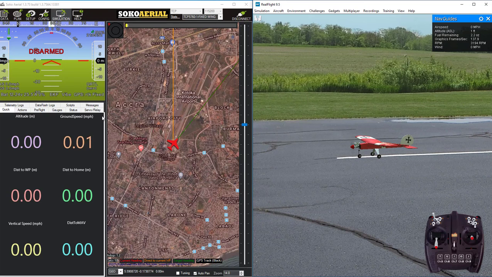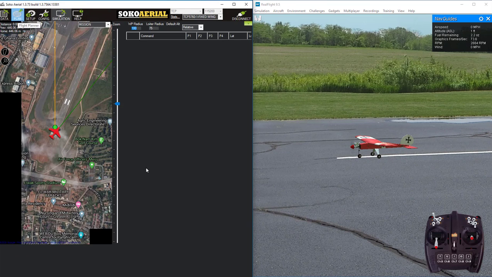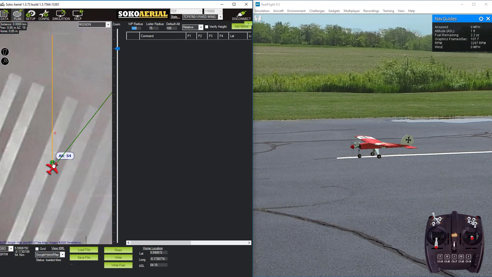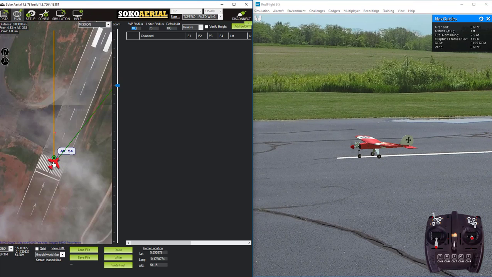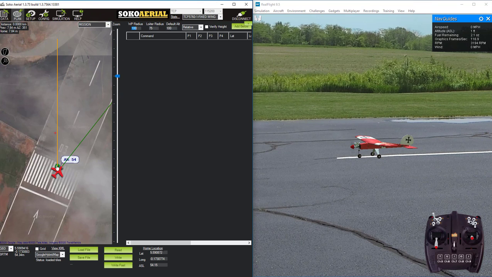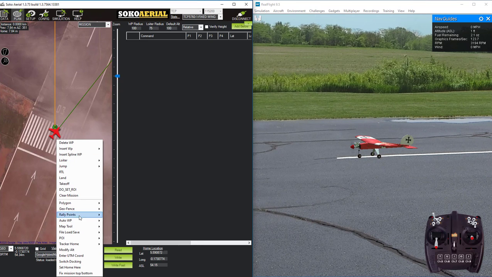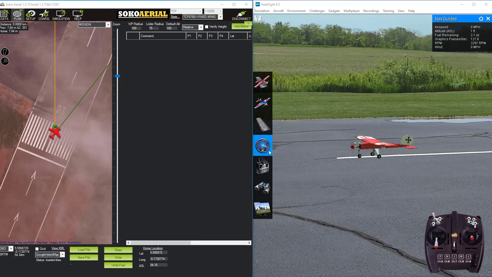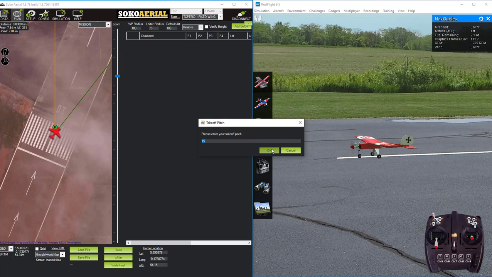So my aircraft is ready. I'm going to go to my plan side and quickly plan my mission. This is where my aircraft is, at the very start of the runway, and I'm going to set my takeoff parameters. I start with my initial flight height. I want to do about 30 meters. Sorry, and then I'm going to pitch it at 15 degrees.